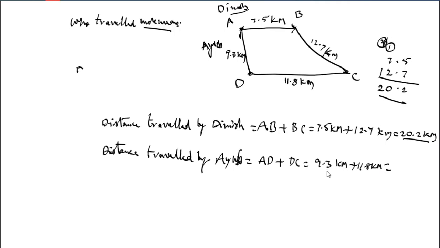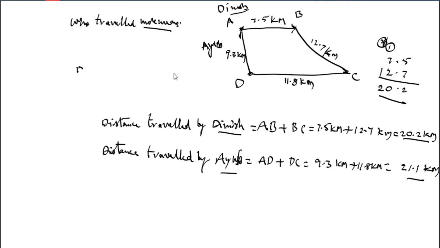So when you add these two, 9.3 plus 11.8, you get 21.1 kilometers. Therefore, distance traveled by Ayub is 21.1 kilometers. Distance traveled by Dinesh is 20.2 kilometers.